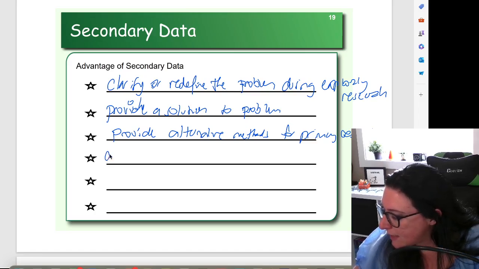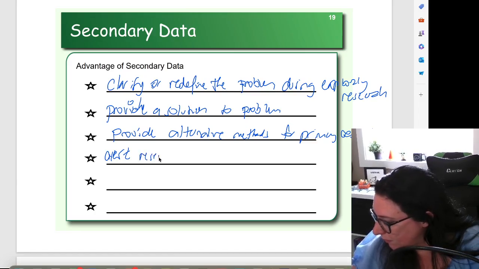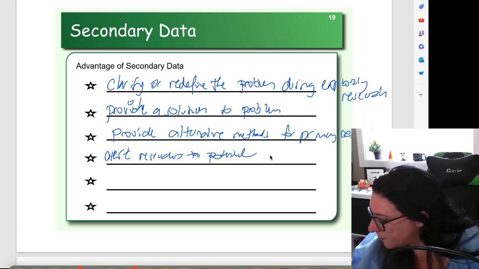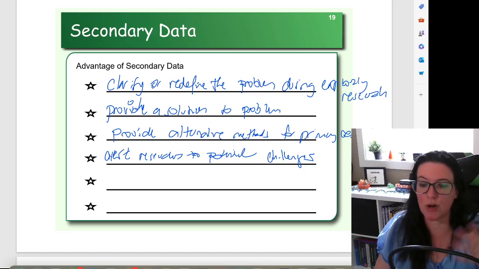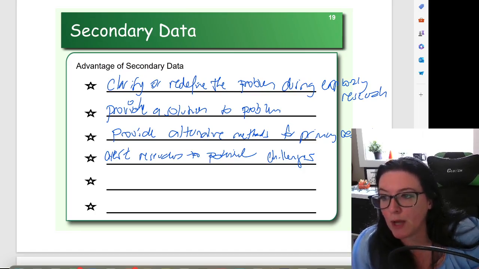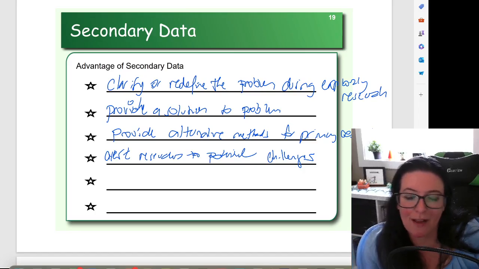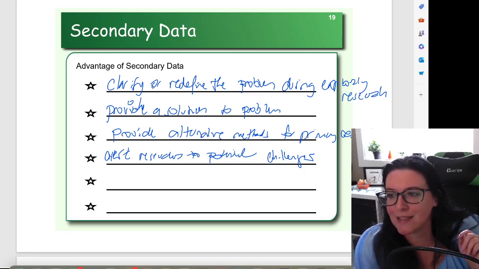We can use secondary data to alert our researchers to potential challenges. For example, what we might learn through secondary data analysis is that the particular group we are trying to study, young people aged 18 to 25, won't answer the phone if they don't recognize the number.